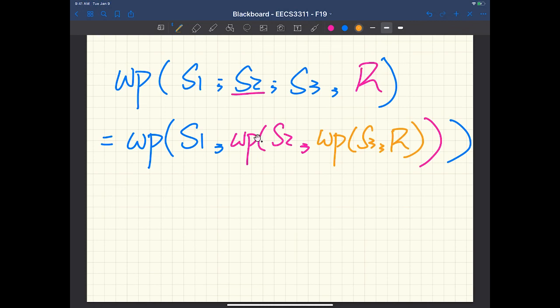Yes? So the WP, like the very outer one, is that going to be the weakest one? The question was, is the outermost, the blue one, the WP going to be the weakest one? Not really. You can think of that as the WP we eventually want to calculate.